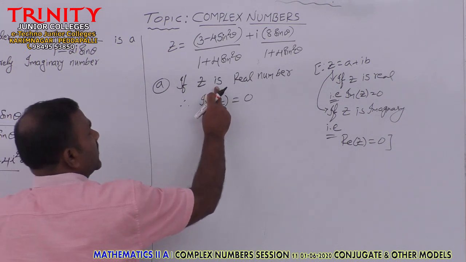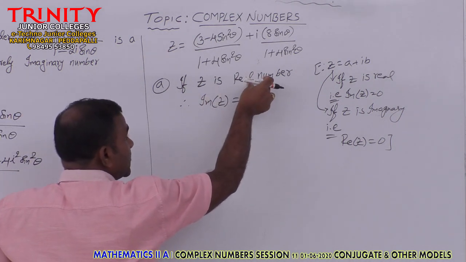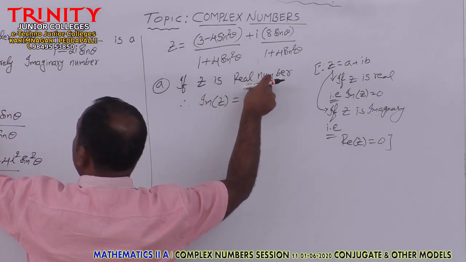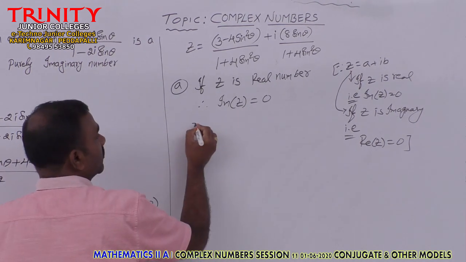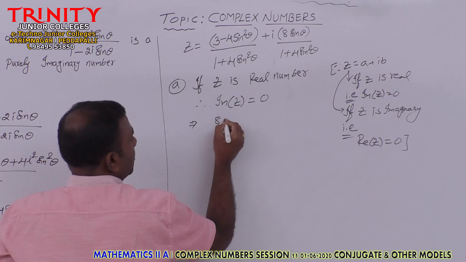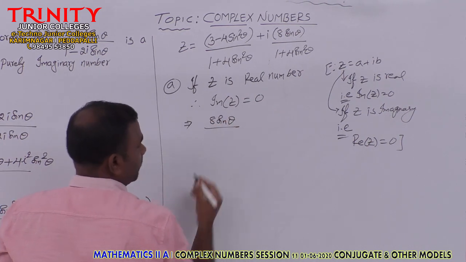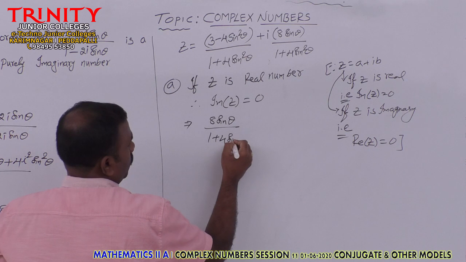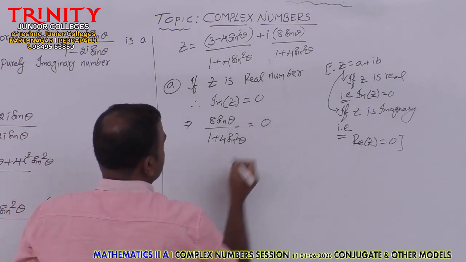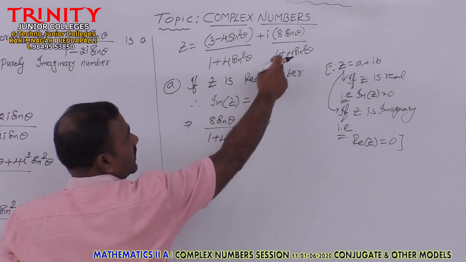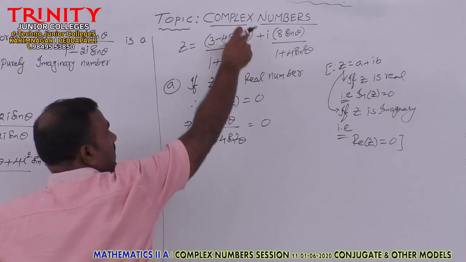Therefore, if z is a real number, in this case he was asking the value of theta. Therefore, imaginary part of z equal to 0. What is the imaginary part? 8 sine theta by 1 plus 4 sine square theta is the imaginary part, and this is the real part.